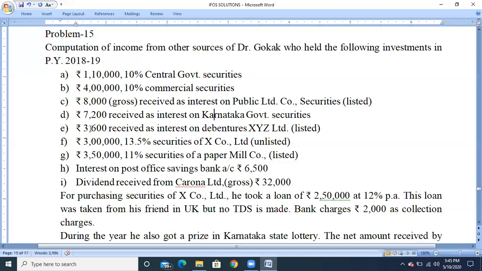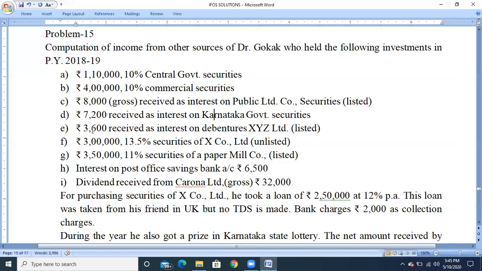Next, rupees 3,600 received as interest on debentures of XYZ Company Limited. So it's a private or commercial company. They have not given the word tax free, so it is a less tax securities issued by the commercial company. And here they have given the interest amount.